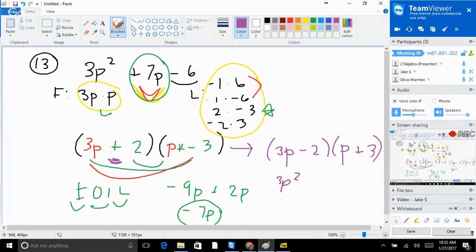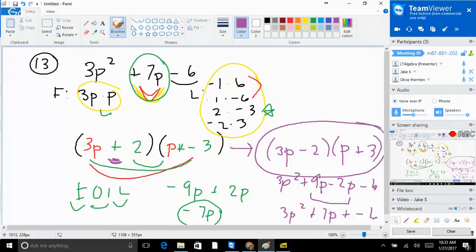Again, you don't have to do that one because it should be right. My outside is 3p times positive 3, so 9p. My inside is negative 2 times p, which is negative 2p. And my last is negative 6. So 9p minus 2p is going to give me 7p, plus a negative 6. Okay, so now I know this is how I factor it.